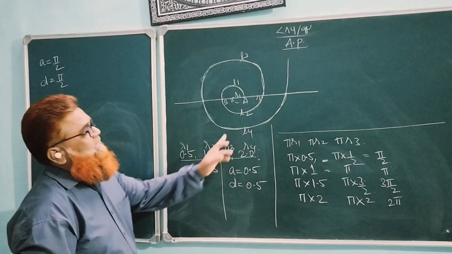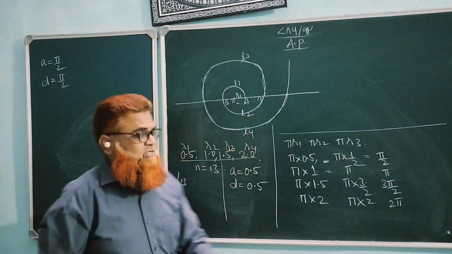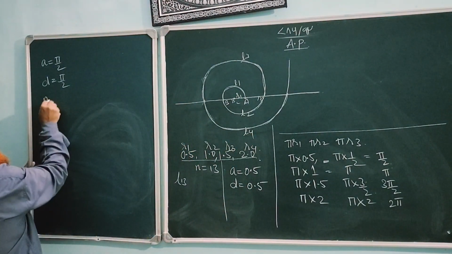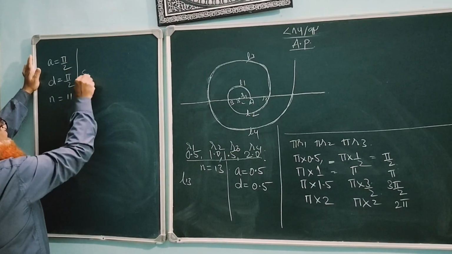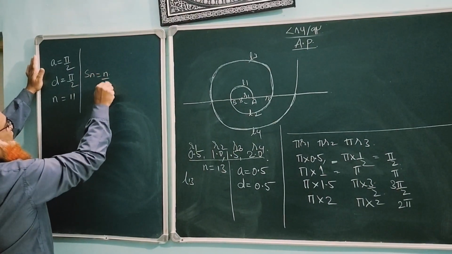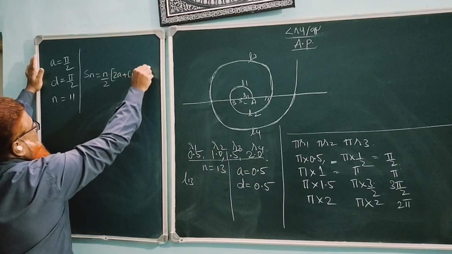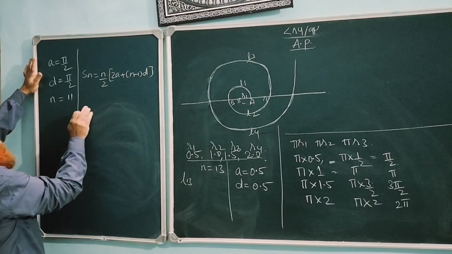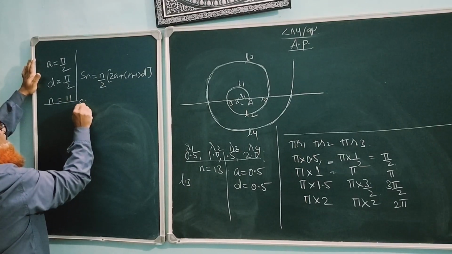Then how many terms are there? There are 13 semicircles, so n is equal to 13. Write the formula: Sn is equal to n by 2 into 2a plus n minus 1 into d.